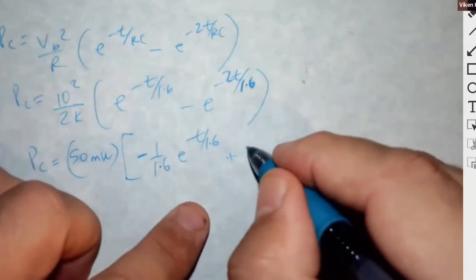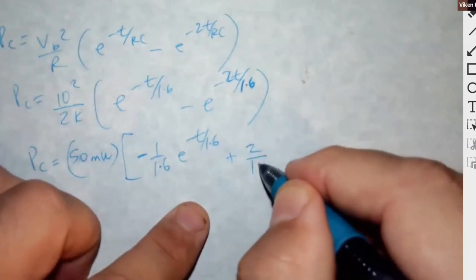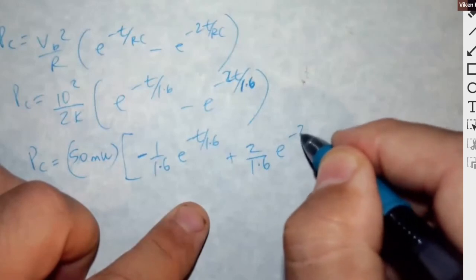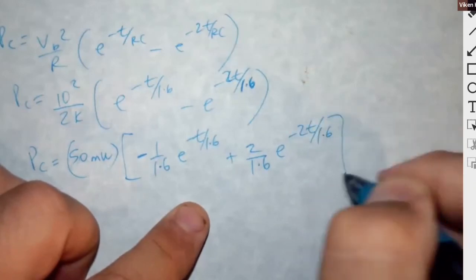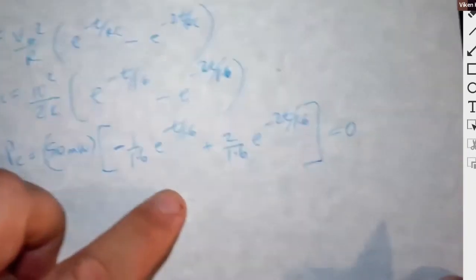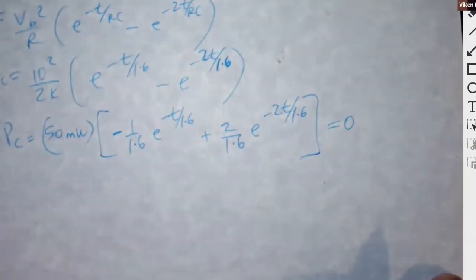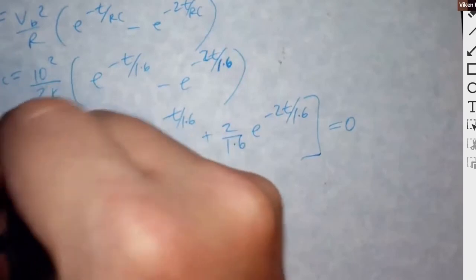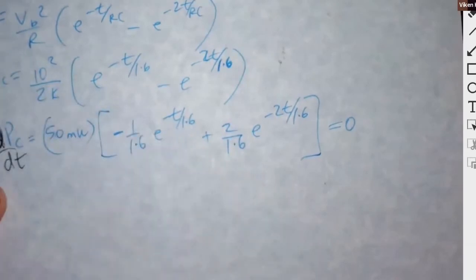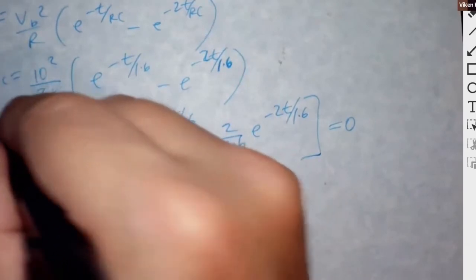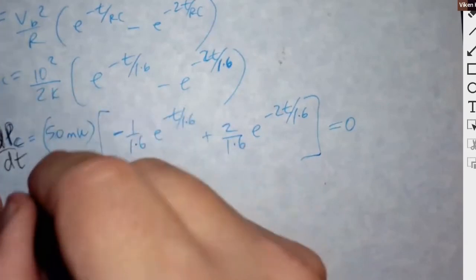So plus 2 over 1.6 e to the minus 2t over 1.6. Set this equal to 0 to solve for the time. Professor, a question? Yeah. Did you mean to say dPc over dt? Oh, yeah. I meant dP/dt. Yeah, the derivative. Yeah. Okay.